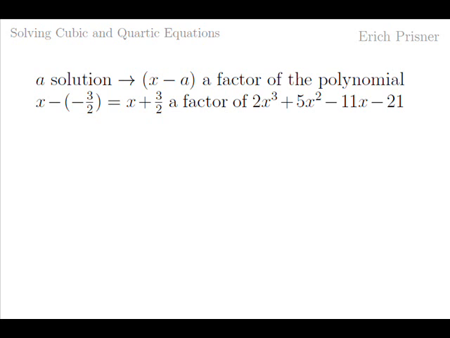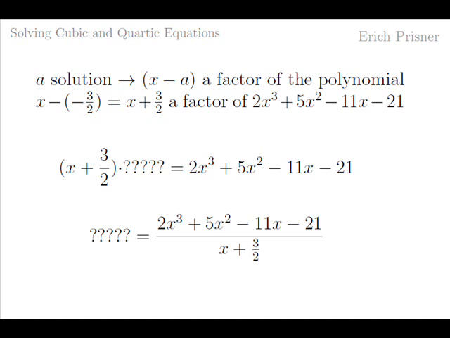21. Thus, x plus 3 over 2 times another unknown polynomial equals 2x cubed plus 5x squared minus 11x minus 21. In other words, the other unknown polynomial is a quotient of this 2x cubed plus 5x squared minus 11x minus 21 and x plus 3 over 2. This quotient can be found using long division.